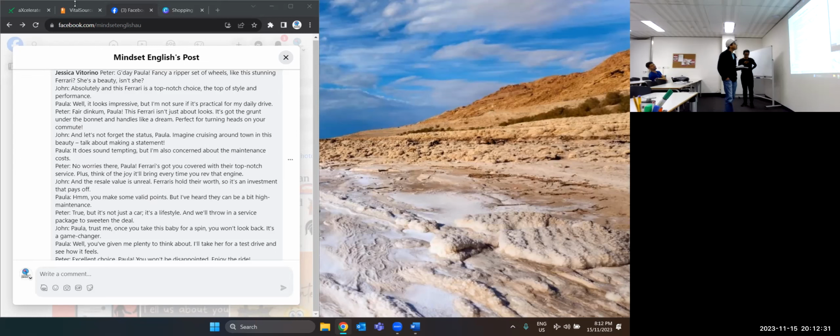Handles like a dream, perfect for turning heads on your commute. Paula, imagine cruising around town in this.